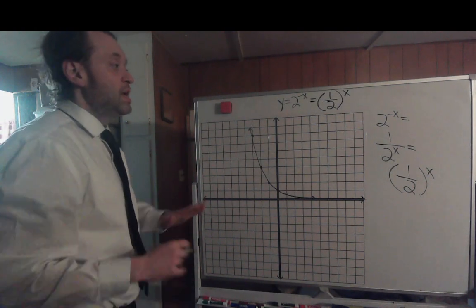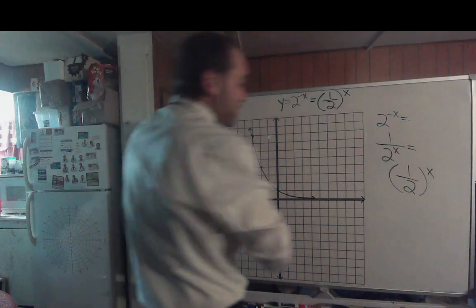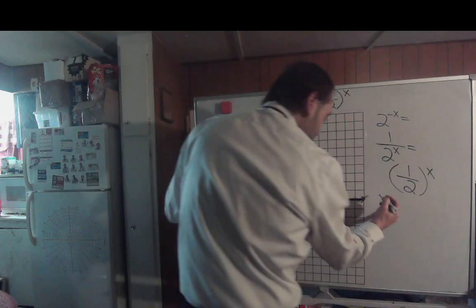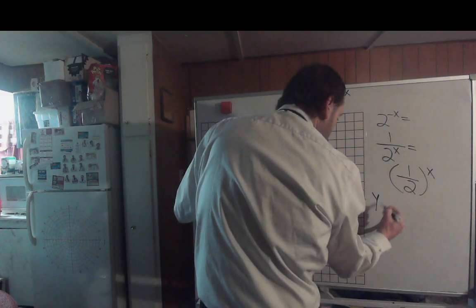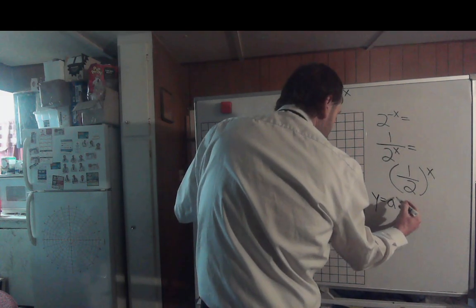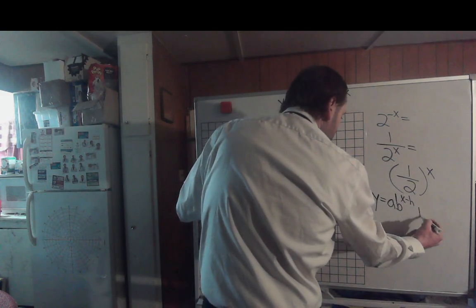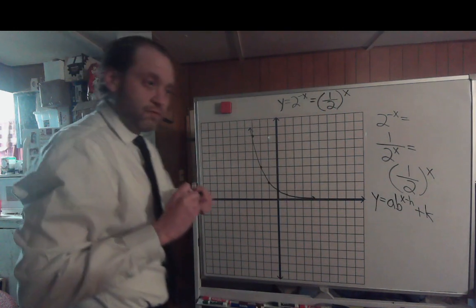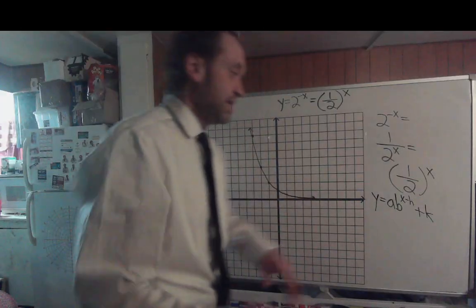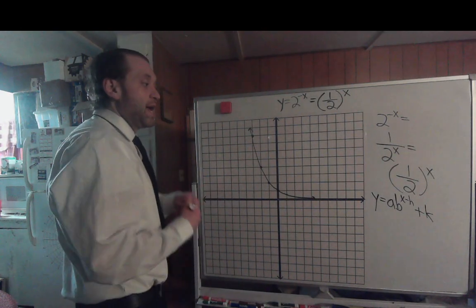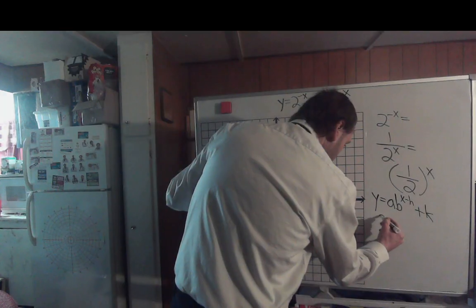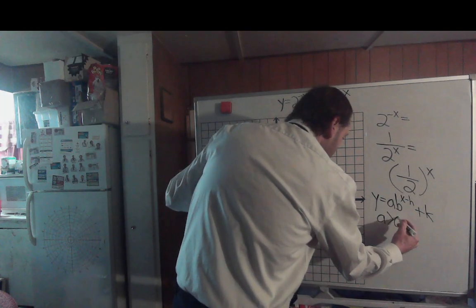So here's how you know you have exponential decay. Let's write the general form, where y equals a times b to the x minus h plus k. That's the general form of an exponential function, right? As we covered in the last lesson, where a is still greater than 0. So your a is positive.